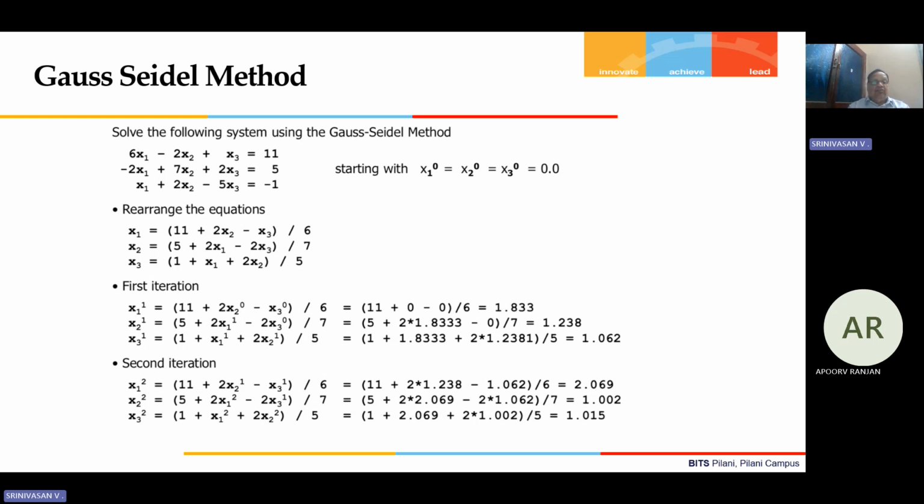Why? If you look at the first row here, 6 is greater than modulus of -2 plus modulus of 1, that is 3.